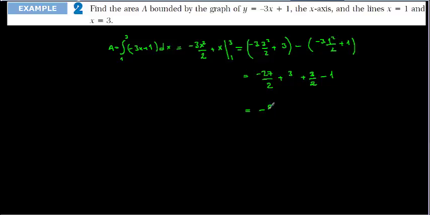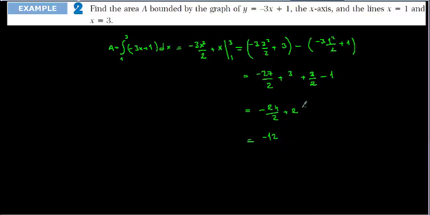Then the answer is equal to minus 27 over 2 plus 3 over 2, which is minus 24 over 2, equal to minus 12.